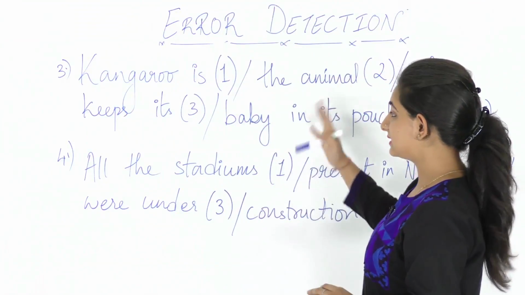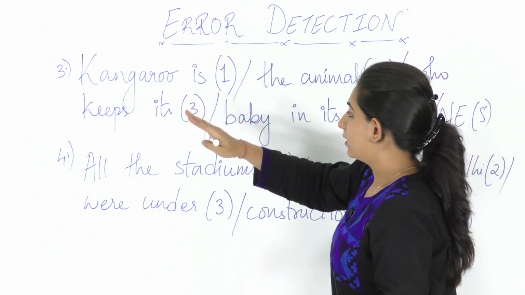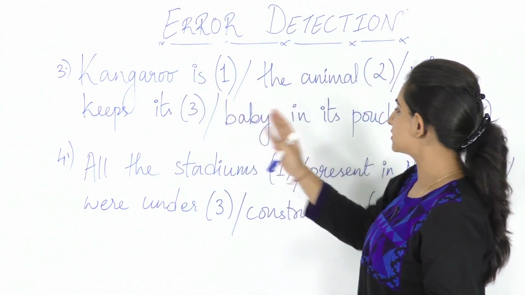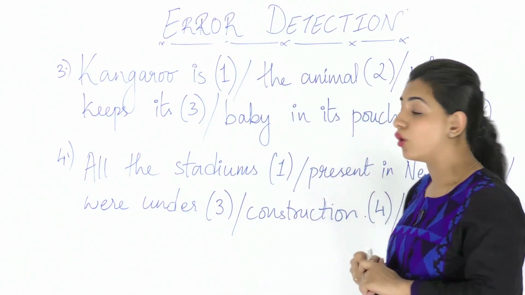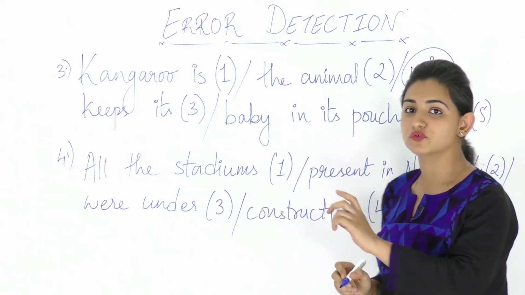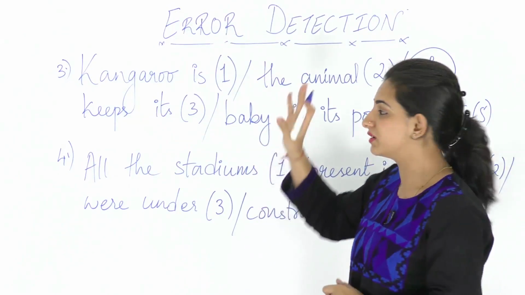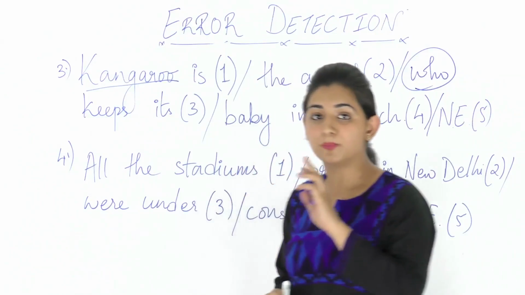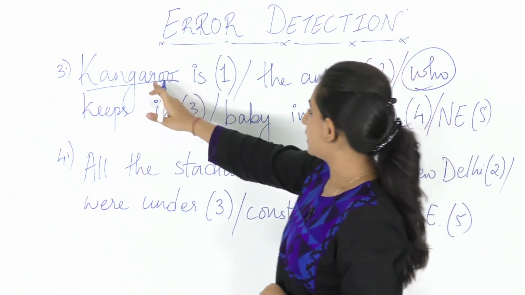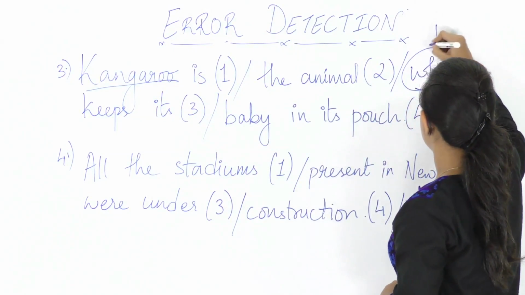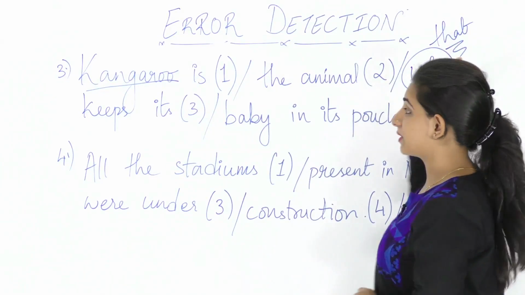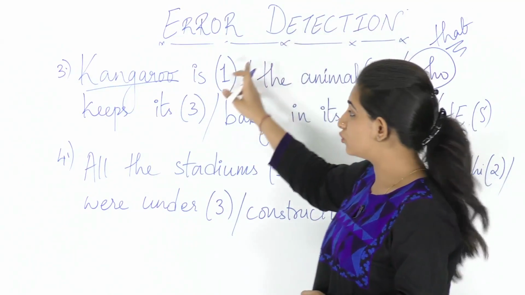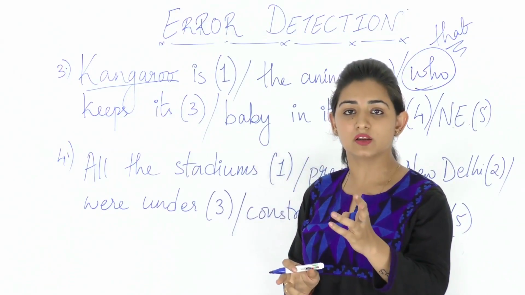Now if we look at these sentences, what does it say? Kangaroo is the animal who keeps its baby in its pouch. Now you all know who is used for a person, for the subject which represents the other part of the sentence. Now here kangaroo is given, not a person. This means that will be placed, because why? Because that is used for animals as well as for non-living things.